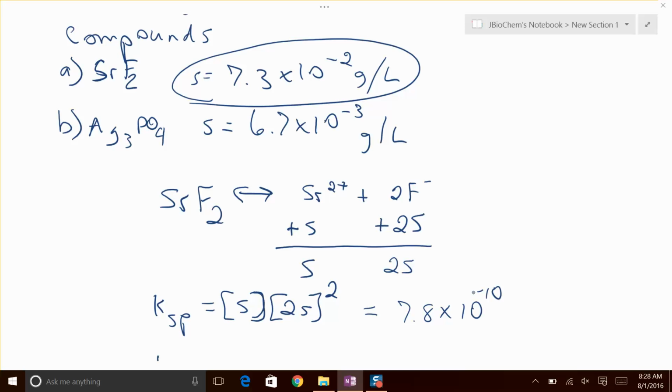Okay, let's look at B. So try B now. Set up the ICE table if you need to so you can see how everything works out.